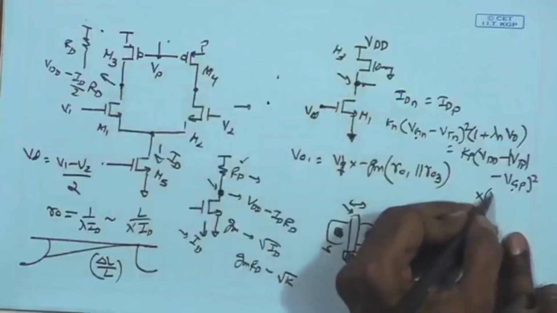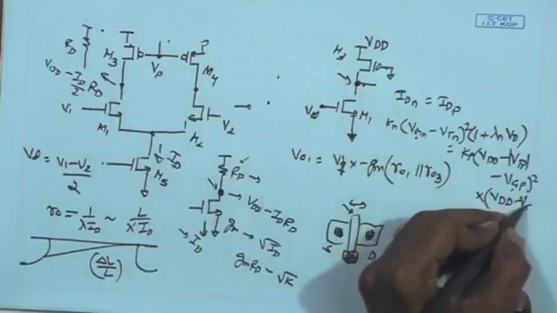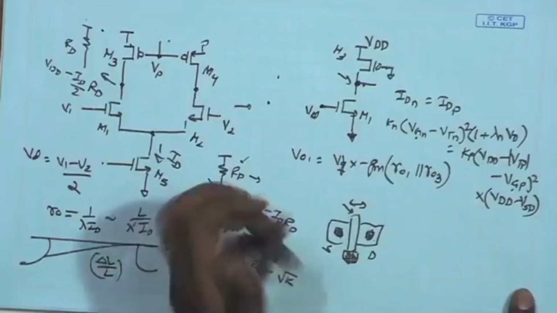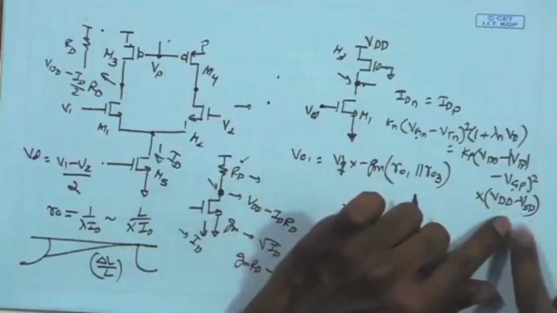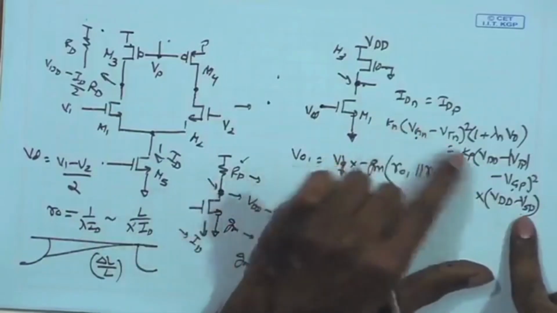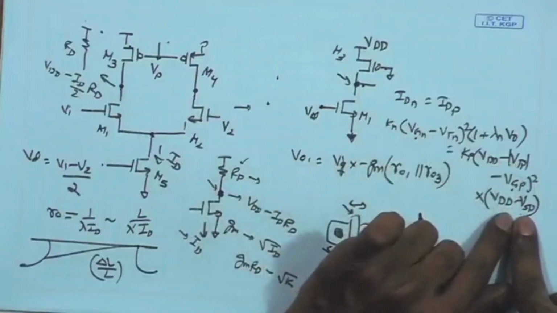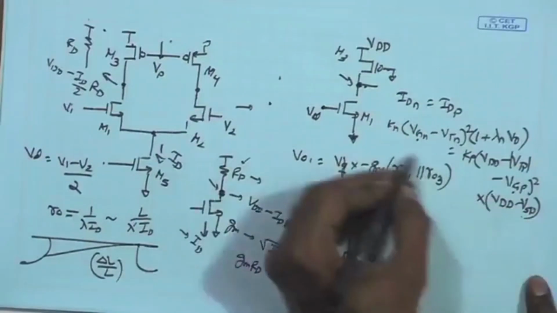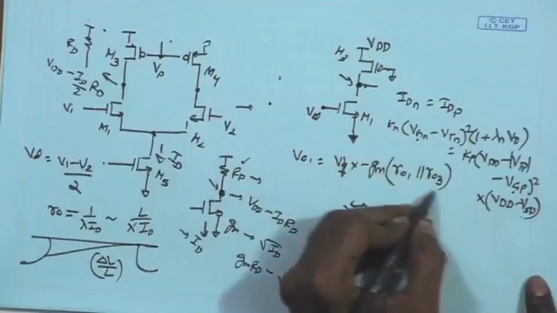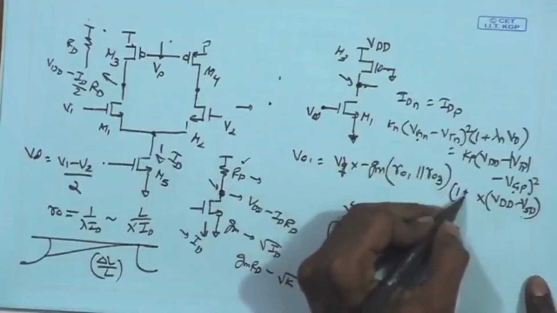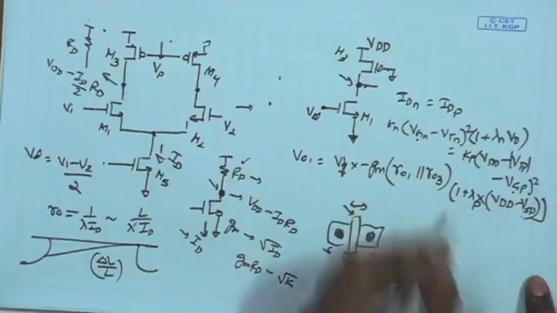So VSD is basically VDD minus VSD, and therefore we can see that if you want to solve for VSD, it is ultimately going to be determined by the ratio of Kn Kp, the ratio of lambda n and lambda p, times 1 plus lambda p times VSD.